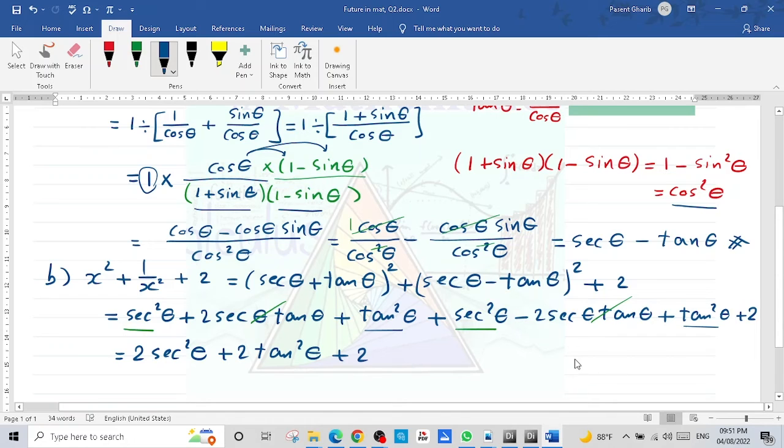We can rewrite all in terms of tan. How? We know that 1 plus tan squared theta equals sec squared theta. Then we write sec squared theta in terms of tan squared theta.